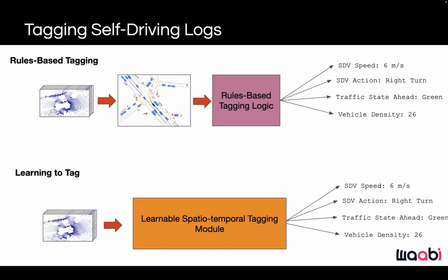So there are 2 types of ways to do this. Something that is very common in industry is to do this in a way that is a little bit like how perception, prediction and motion planning typically work, which is to say that we're going to use our perception systems, our trackers, etc., given raw logs with your sensors, to automatically define what's happening in that scene, right?